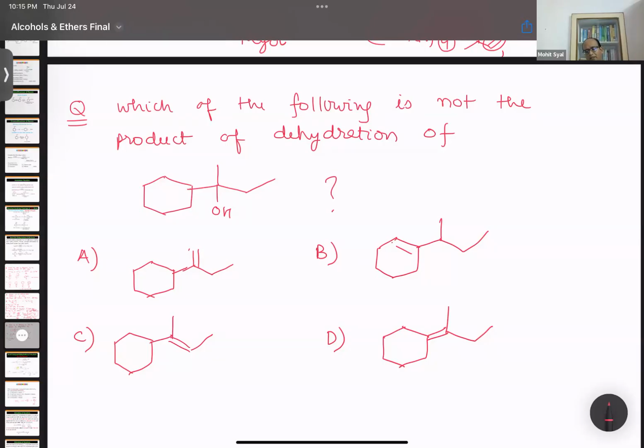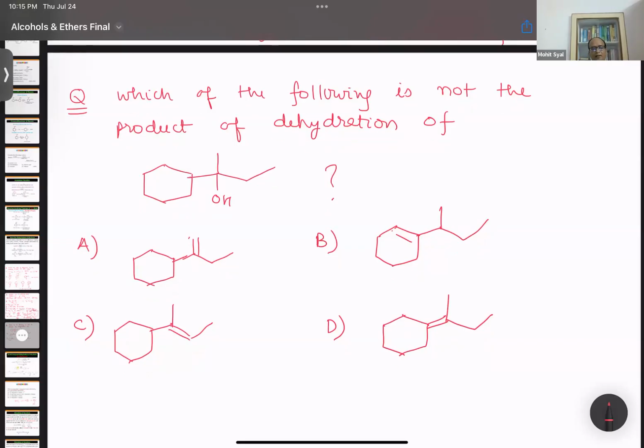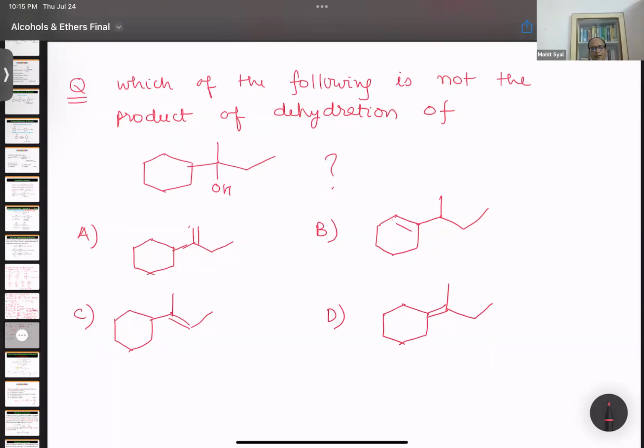Which of the following is not the product of dehydration? Jasleen, Ibrahim, can you see the question? Let me know what the answer is. It is very much related to what we studied today.